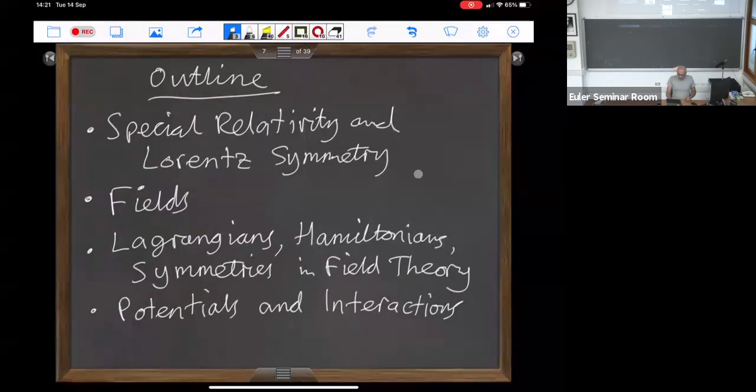And with these fields, we will be trying to understand mathematically the physics of classical fields, and that involves things called Lagrangians and Hamiltonians. There'll be other types of symmetries that we will see, and then in the last part of the course we will talk about interactions of these fields.